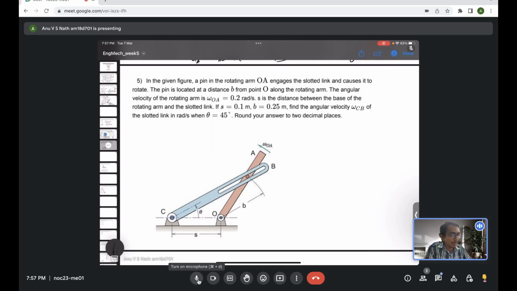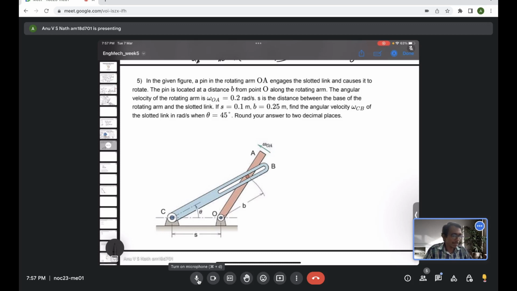The angular velocity of the rotating arm is 0.2 radian per second. S is the distance between the base of the rotating arm and the slotted link. If S is 0.1 meter and B is 0.25 meter, find the angular velocity omega CB of the slotted link in radian per second when the angle theta is 45 degree.